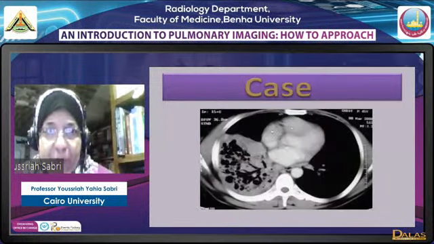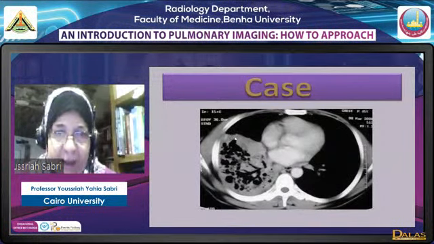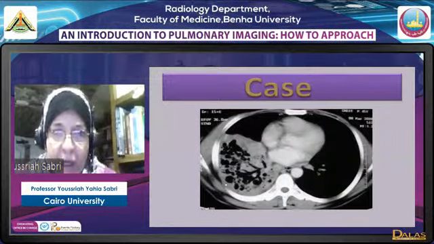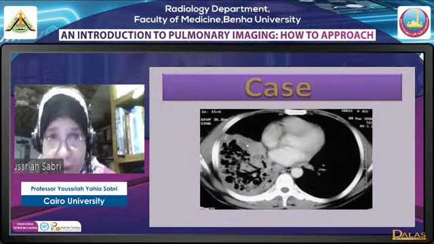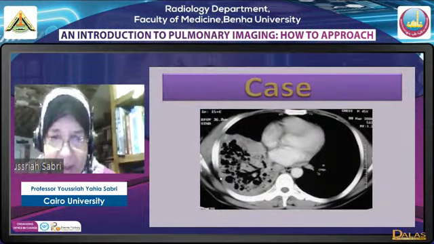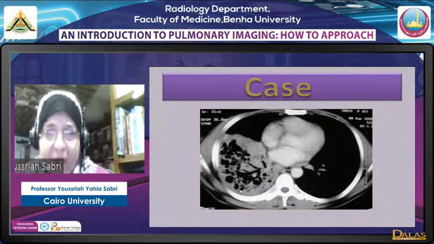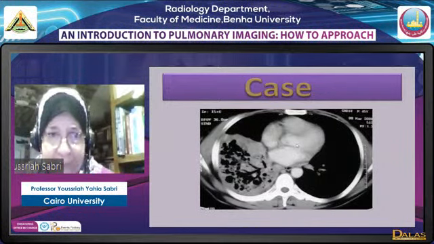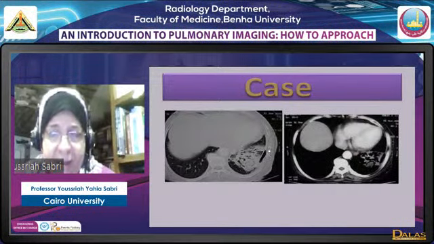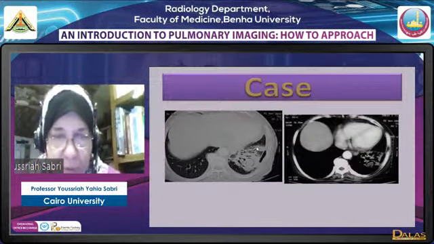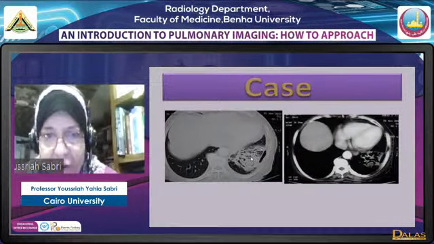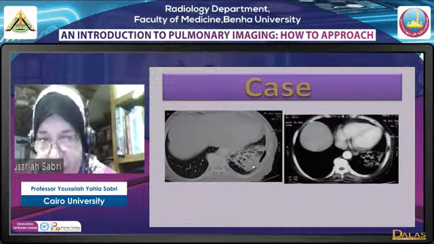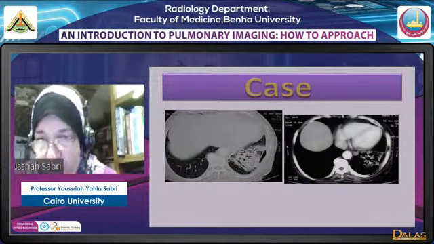Okay, now this is a CT, and here we have consolidation of the right lower lobe, with cavitations, as you can see, and with air bronchogram. This is a pneumonia. In this case, we have a complicated case of pneumonia. We have partial consolidation of the left lower lobe, but it is associated here with a cavity with a mycetoma inside.